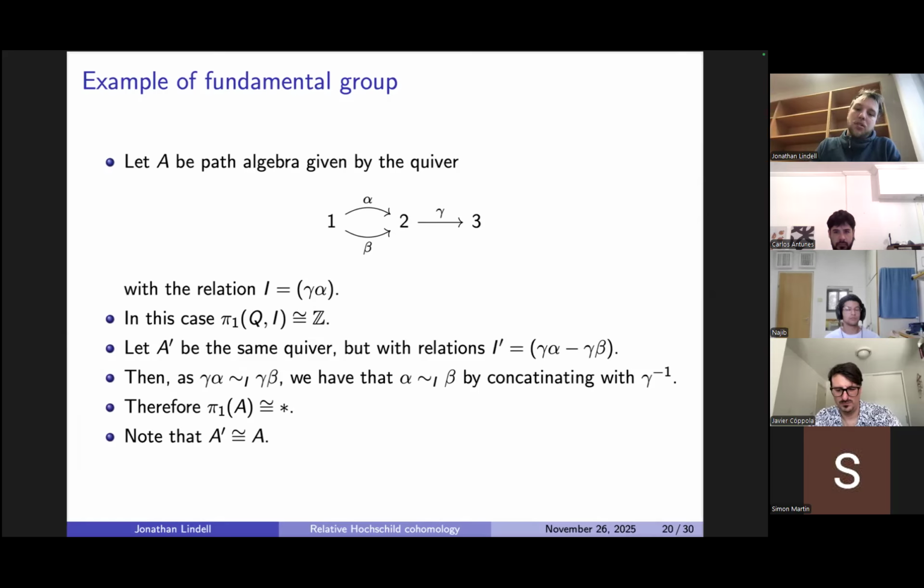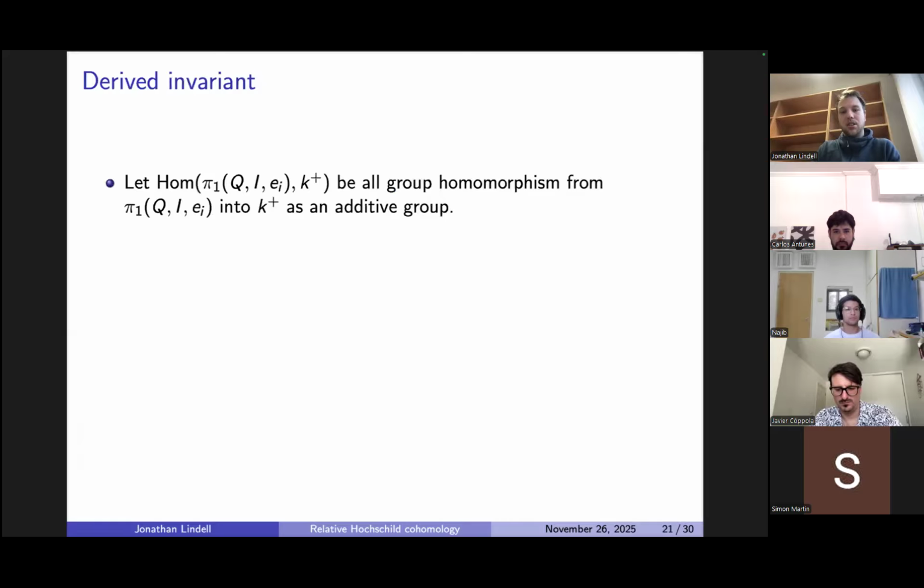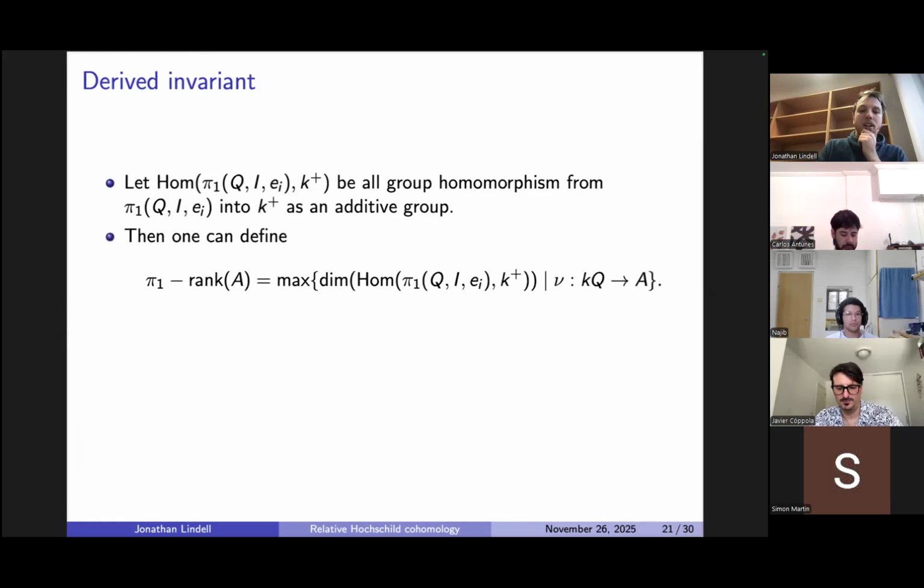So one solution for fixing this is the following. If we take the space of all homomorphisms from the fundamental group into our field as an additive group, then we can define the pi1 rank of our algebra to be the maximum of the dimensions over the fundamental groups given by these different presentations.